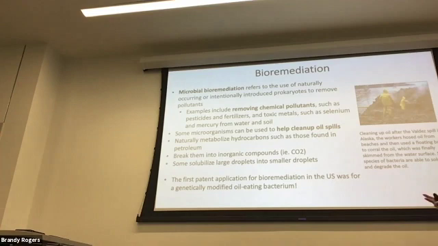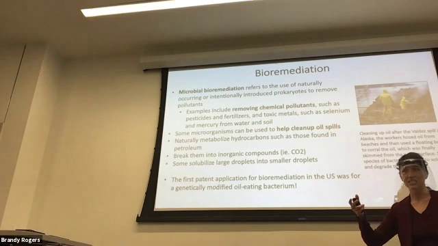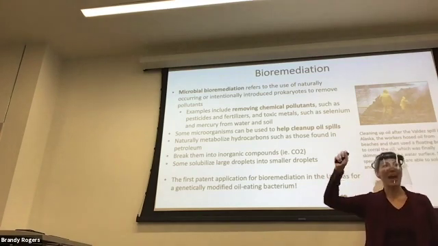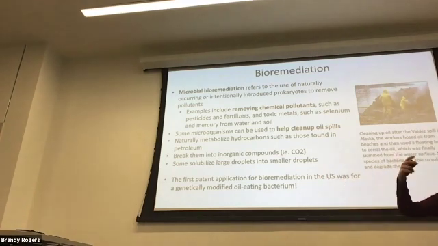So basically a super bacterium that could digest hydrocarbons in different ways to help with bioremediation. And the interesting thing about the court case is that it went all the way to the Supreme Court to show that you could indeed patent something that is alive. Kind of an interesting story.